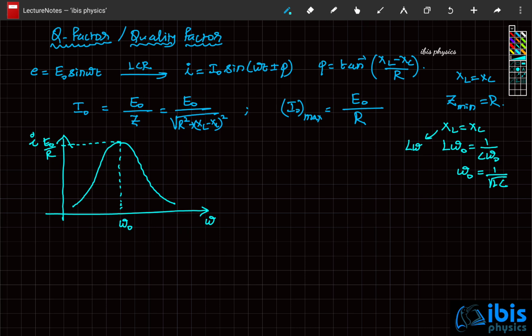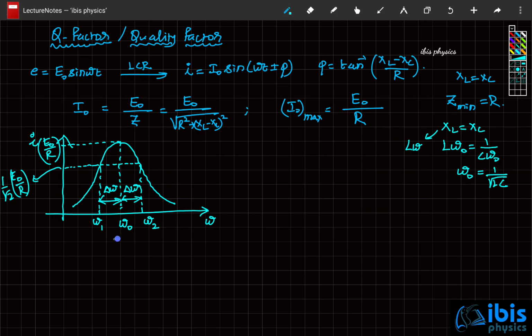At what angular frequency is the current 70% of the peak current? Suppose E naught by R is the maximum current I naught; at this point on either side, the current is 1 by root 2 times E naught by R. The corresponding angular frequencies are, let us say, omega 1 and omega 2, each at a distance delta omega from omega naught.